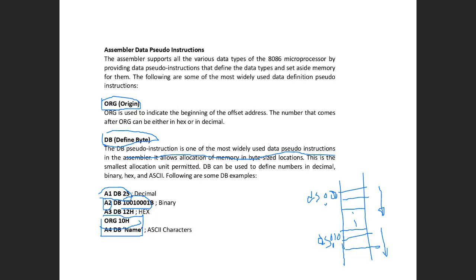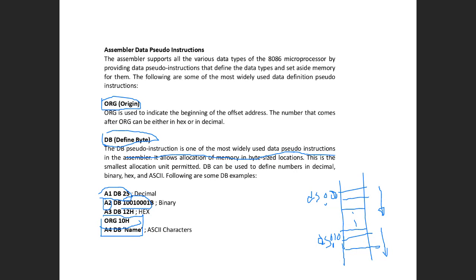If we write ORG 10H, it means it starts saving the data from the location with offset 10H. And then if, for example, ORG 10H, and the next one is like A4 DB with a name in quotation marks, single or double quotation marks, it means this is ASCII characters, ASCII code.